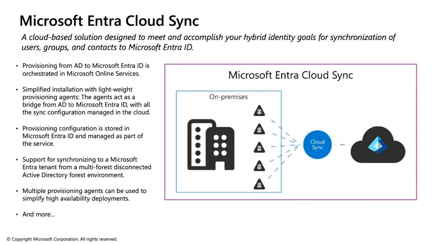So it depends on what options you have available, whether you go for Entra Connect Sync or Microsoft Entra Cloud Sync. In both cases, you'll be able to manage directory synchronization without any challenge.